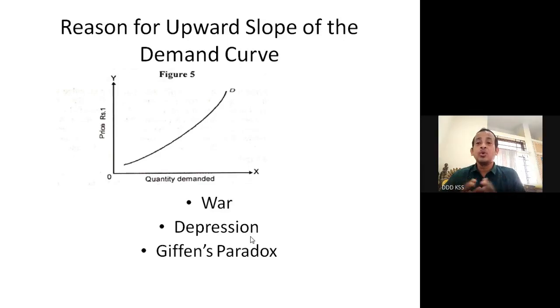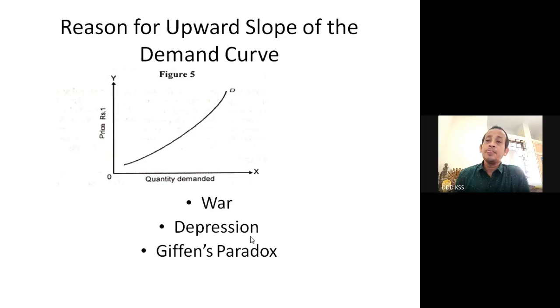There are some goods, and for those goods, when price increases, demand also increases. There are 3 reasons why demand curve has an upward slope. These are war, depression, then Giffen paradox.